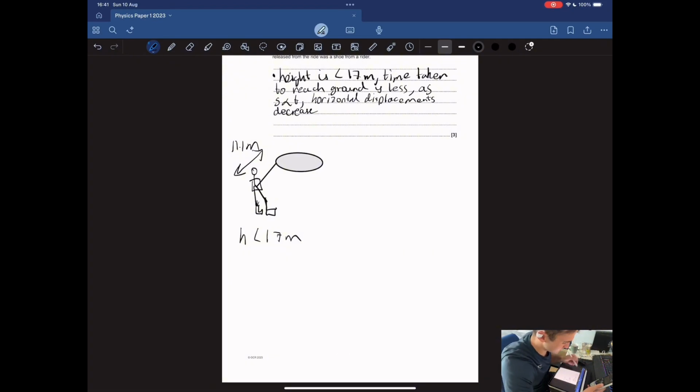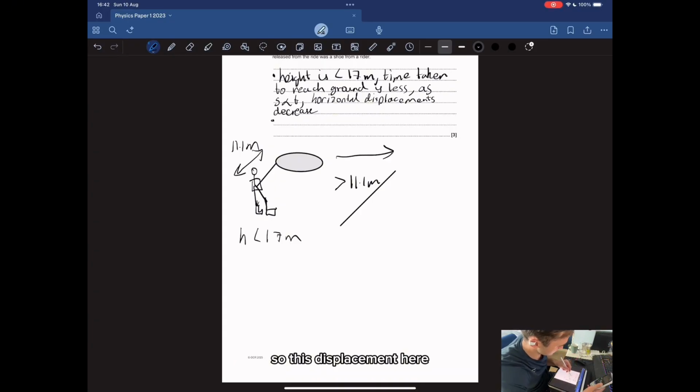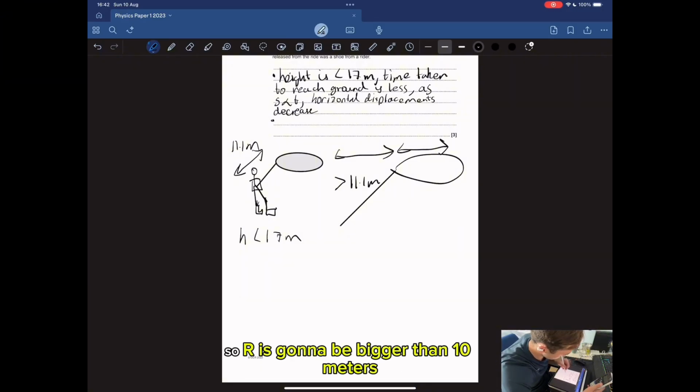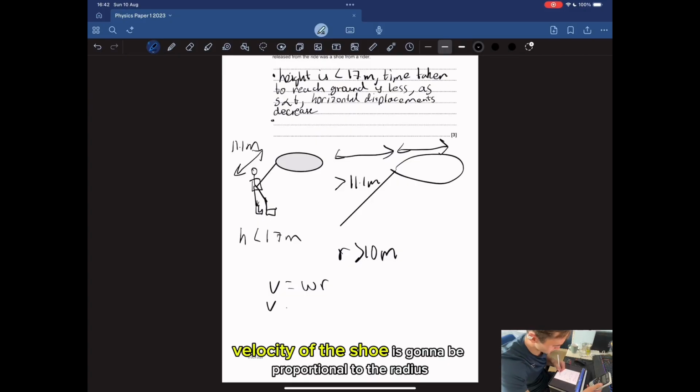However, it could increase, I guess, because now this length is greater than 11.1 meters. So this displacement here, there's going to be a bigger radius, right? So R is going to be bigger than 10 meters. And because velocity equals omega R, the velocity of the shoe is going to be proportional to the radius.